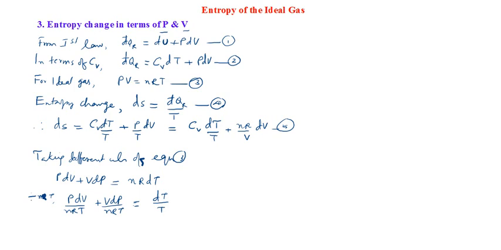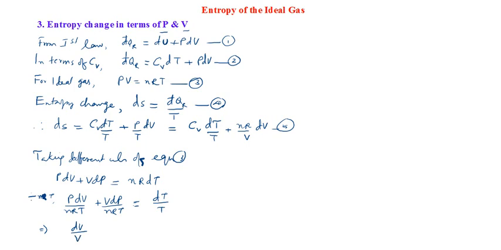Now instead of this nRT, can you write directly PV? So here you are substituting PV. When you substitute PV in the denominator of the left side, for the two terms, P and P will get cancelled, so it will become dV by V.